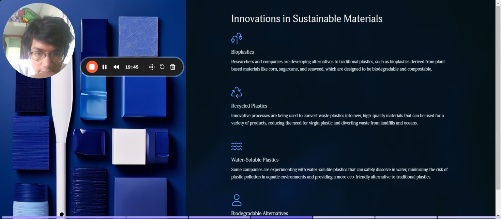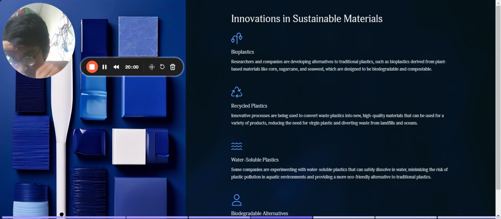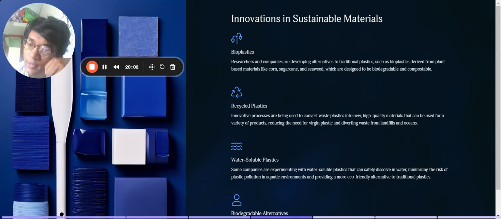Innovations in sustainable materials. Bioplastic. Researchers and companies are developing alternatives to traditional plastics, such as bioplastic derived from plant-based material like corn, sugarcane, and seaweed, which are designed to be biodegradable and compostable. Very nice. Imagine a plastic which is biodegradable, the whole problem will get solved.